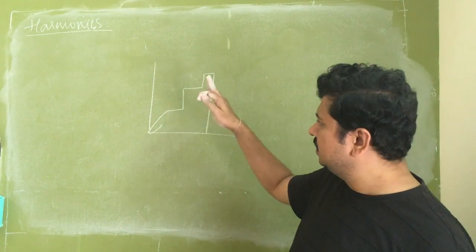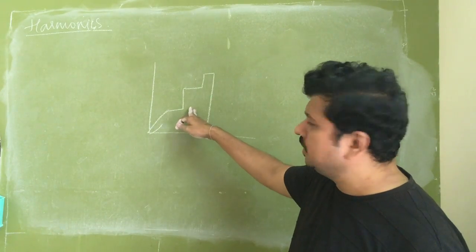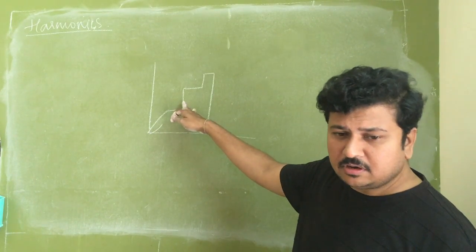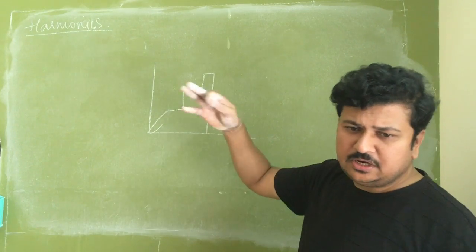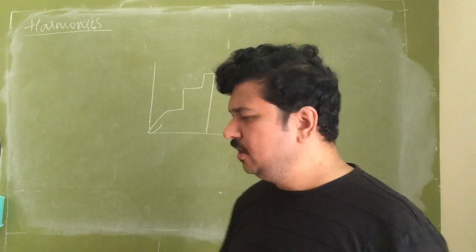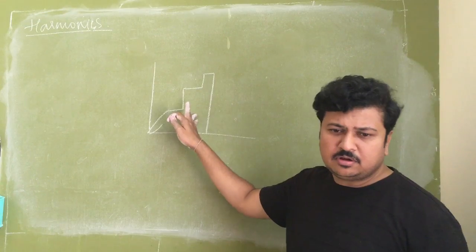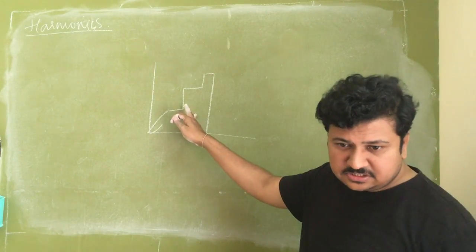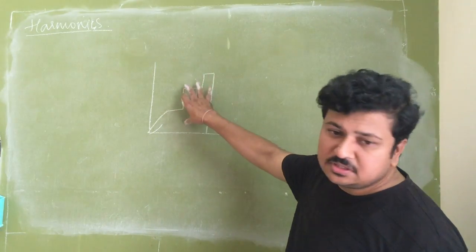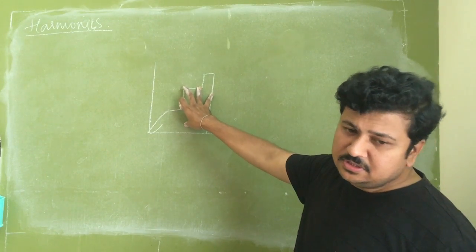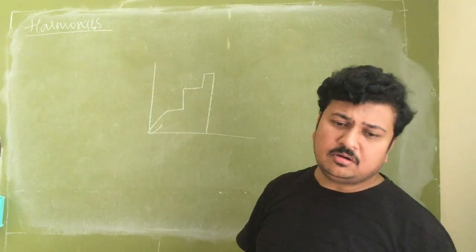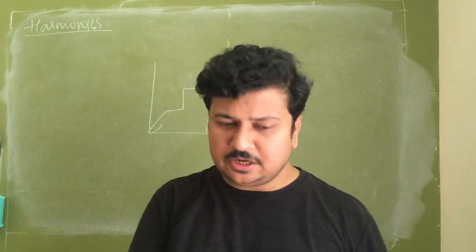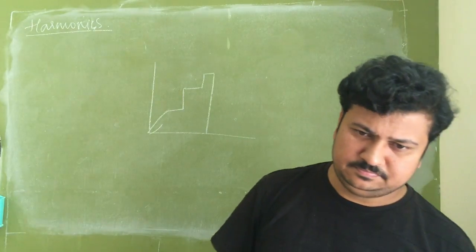If you find the even component of this function, if it exists (signal and function are used interchangeably), it may not resemble this shape. So the even and odd components of every function, I cannot call them harmonics.